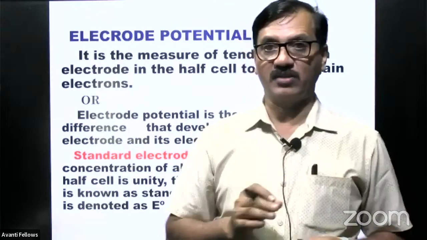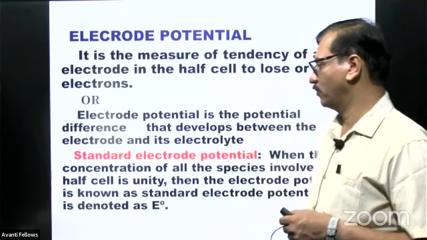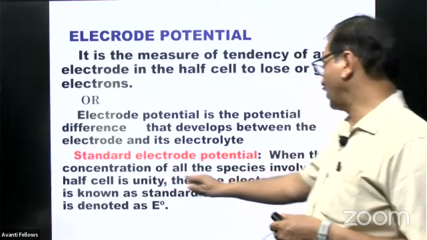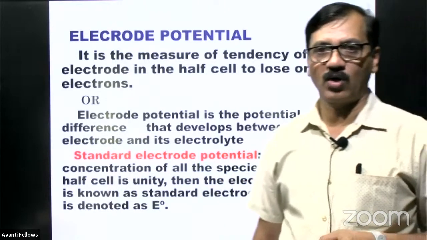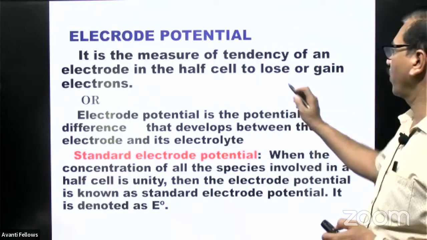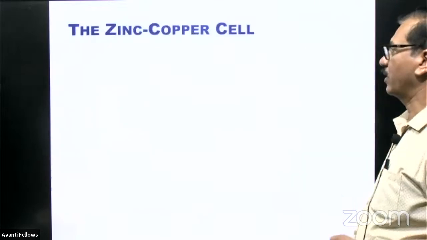Both are tendencies called electrode potential. We say standard electrode potential when the concentration of all species involved in the half cell is unity. It is represented by E naught.